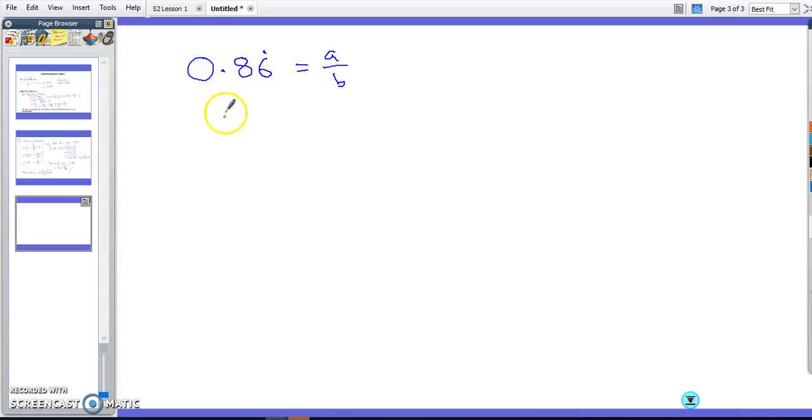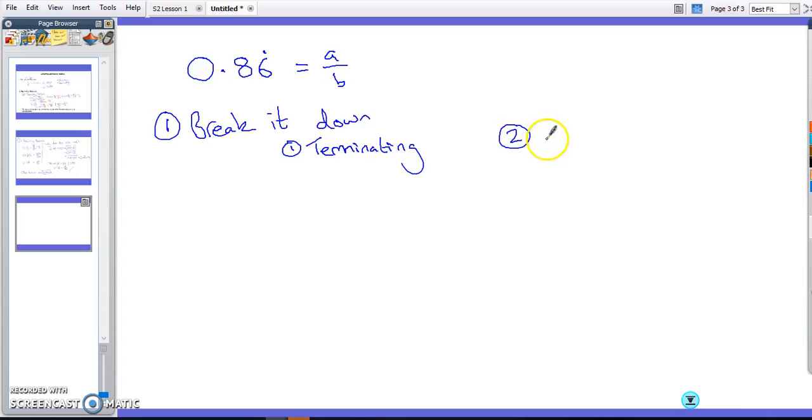Now what you should do with this, first of all, is break it down into two parts. The first part should be a terminating decimal, and the second part should be a fully recurring decimal with no anomalies like the 8 at the front. So here, this is quite easy.